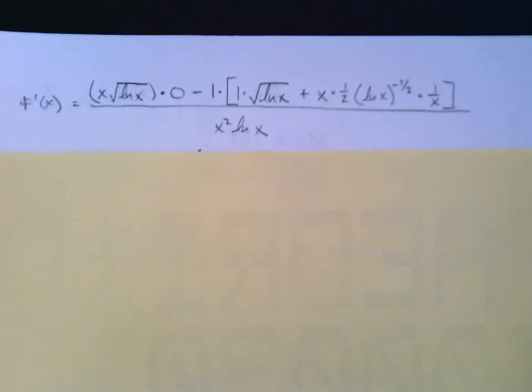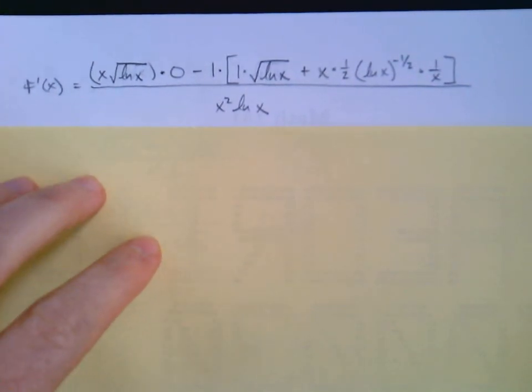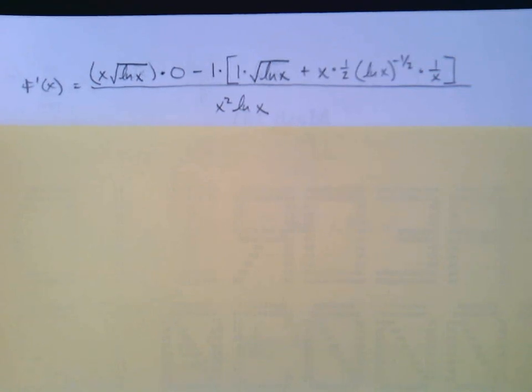So when it comes to this derivative, obviously this is not a lecture on derivatives. So I would encourage you to take this derivative on your own in whatever fashion you see fit, and then come back and compare it with mine. So I used the quotient rule for my derivative and got this.